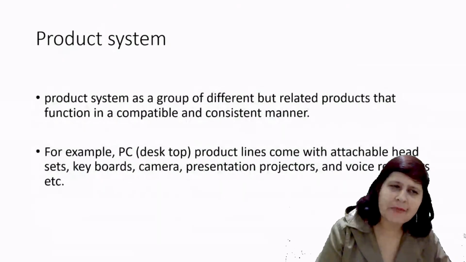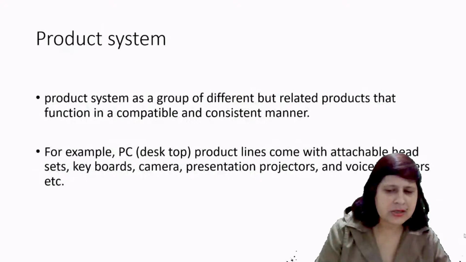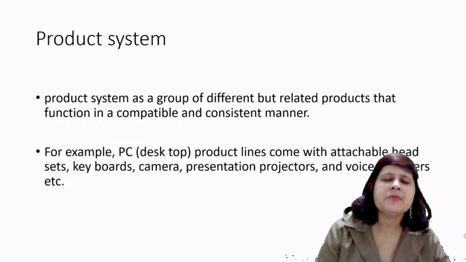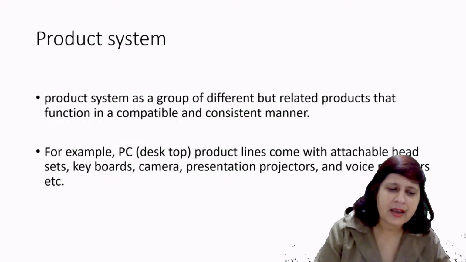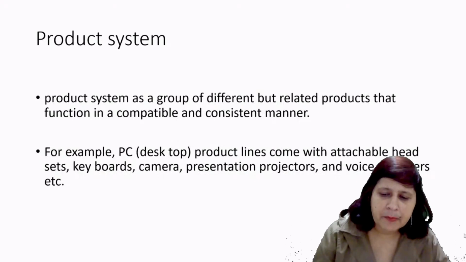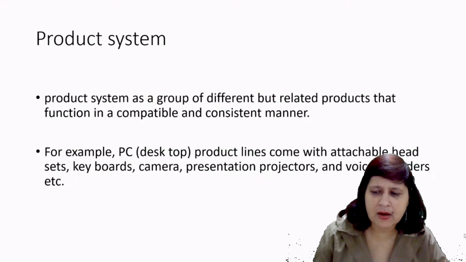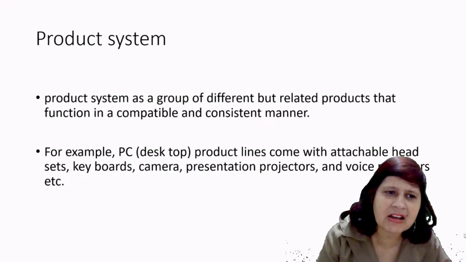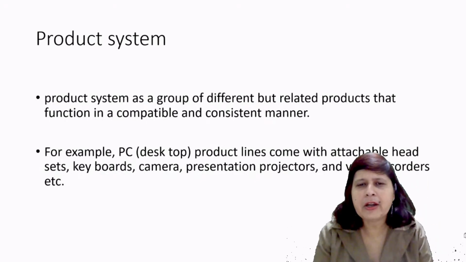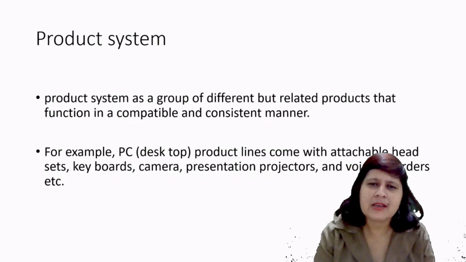For example, the desktop is a product line that comes with an attachable headset, keyboards, camera, presentation projectors, and voice recorder, etc. These are known as a product system. They are different but related products.